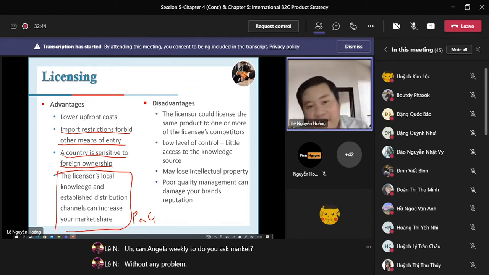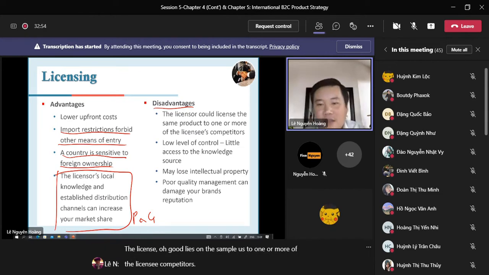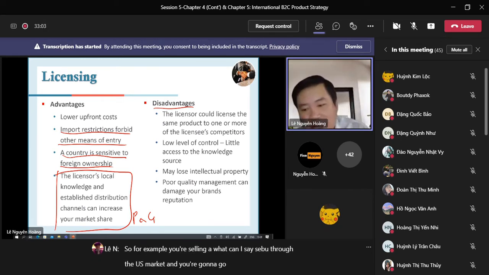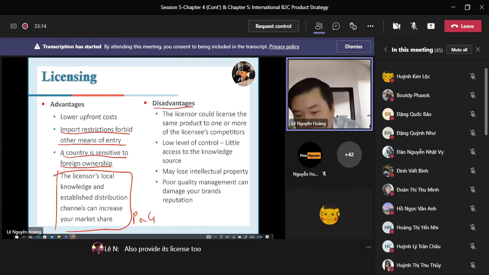Here are the disadvantages of licensing. The licensor could license the same products to one or more of the licensee's competitors. So, for example, you're selling samples to the U.S. market, and you go through the licensor, which is P&G, and at the same time, P&G also provides its license to your competitor as well.